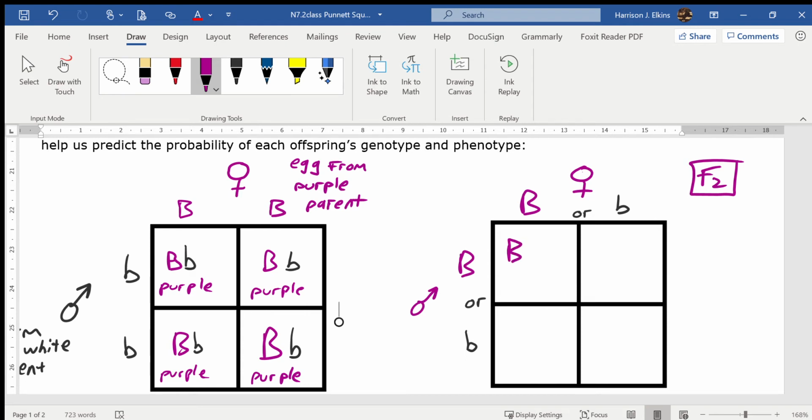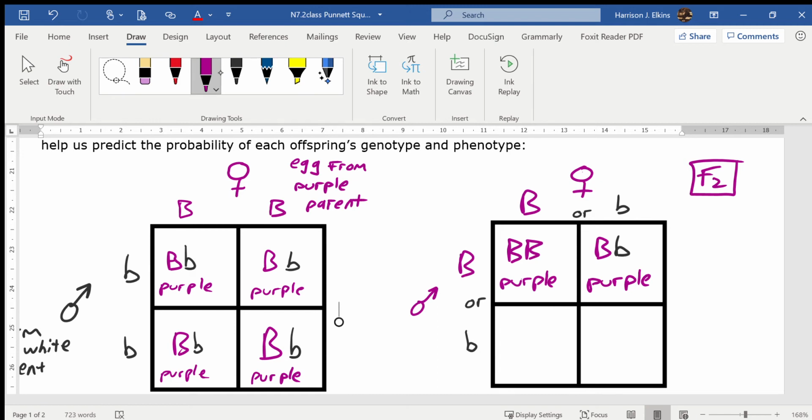What is my offspring going to be? It's going to be homozygous dominant, so it's going to be purple. Well, let's say that the sperm gave a capital B dominant purple allele, and the egg gave a lowercase recessive white allele. What color would the offspring be? It'd still be purple, because you have that dominant trait.